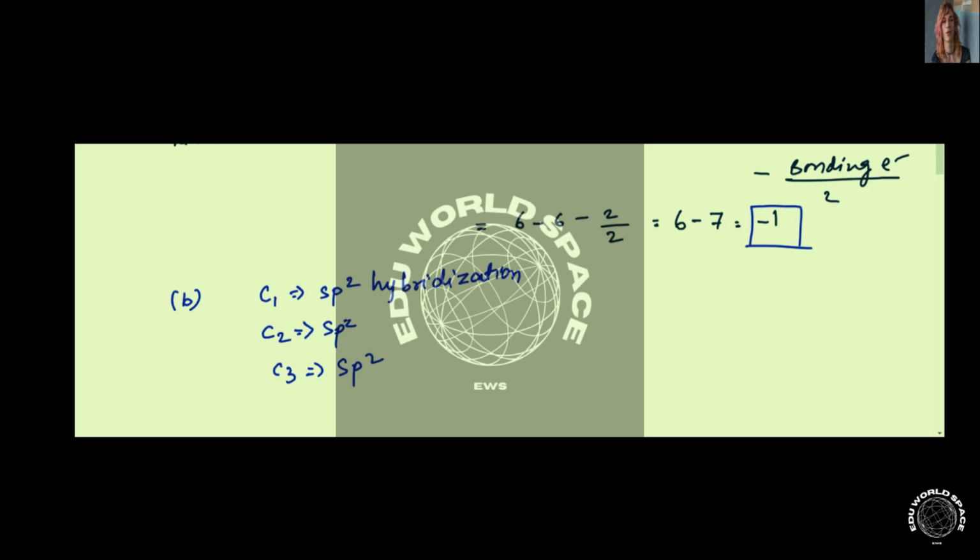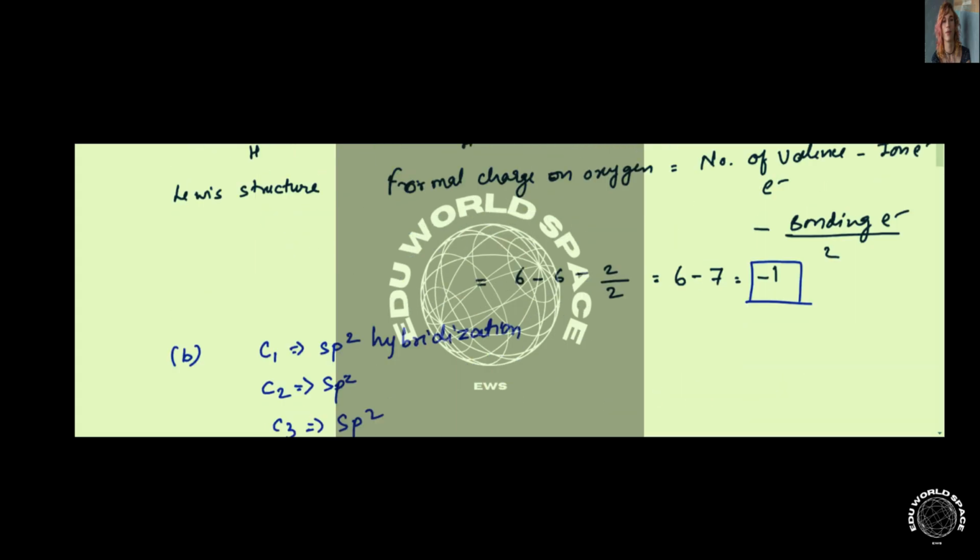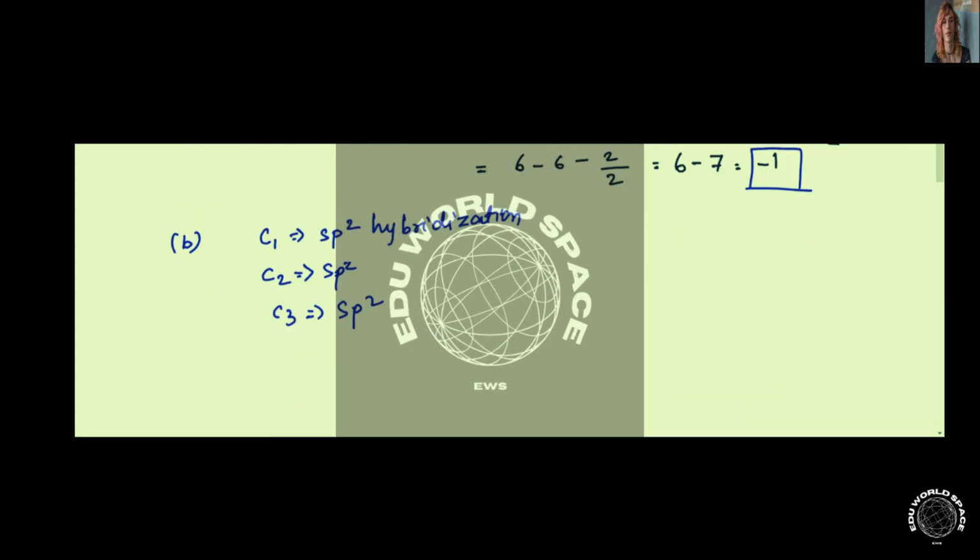Now, thirdly it is asked, are there multiple equivalent resonance structures for this species? Yes.